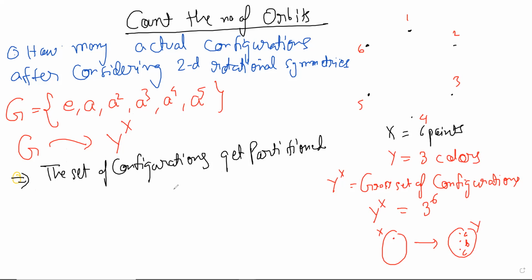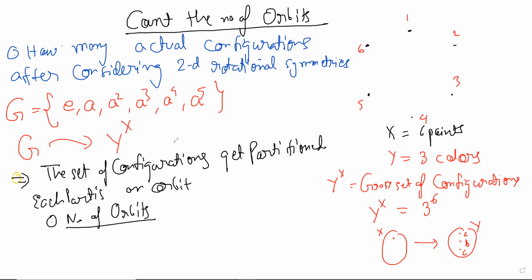Those configurations which can be gotten from one another by application of symmetry will now be considered the same. Each part is an orbit. I'm just writing the key points. Each part is called an orbit, and we want to count the number of orbits. I'm trying to make it very clear what I said in the beginning, what I mean by counting the number of orbits.